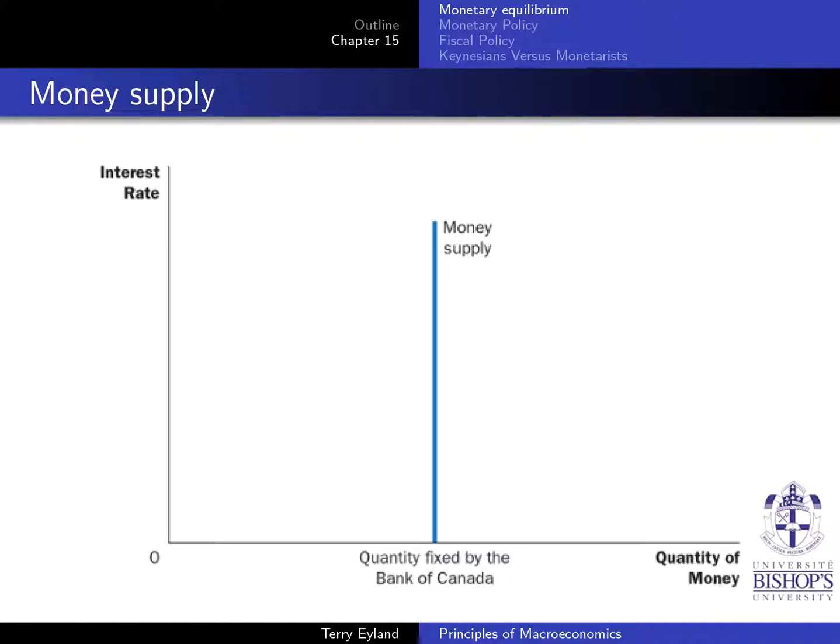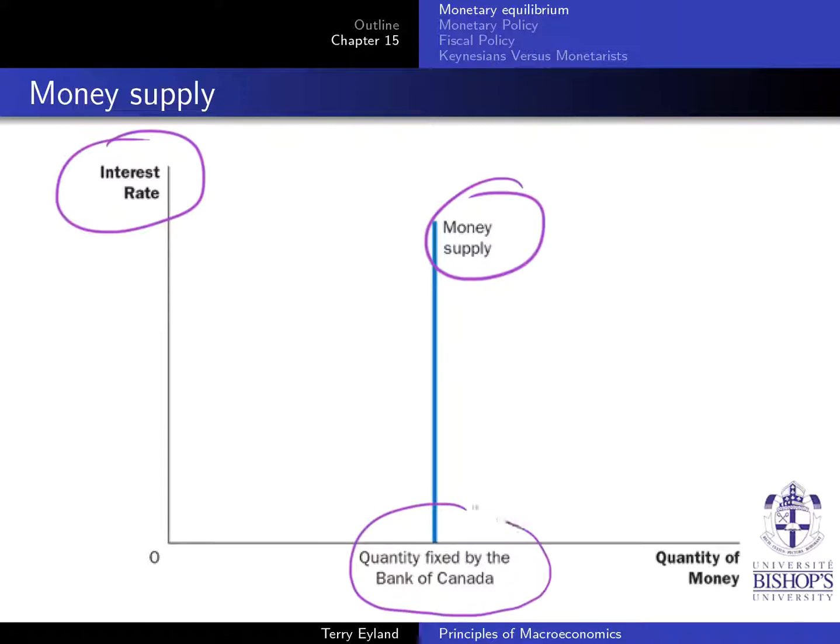So if we look at this, we see that we have a certain level of money supply for a certain interest rate, which is a quantity fixed by the Bank of Canada. The thing noted on the previous slide, which I want you to keep in mind, is that this level of money supply, this money stock, depends on what the Bank of Canada decides through its short-run open market operations and changing the bank rate.